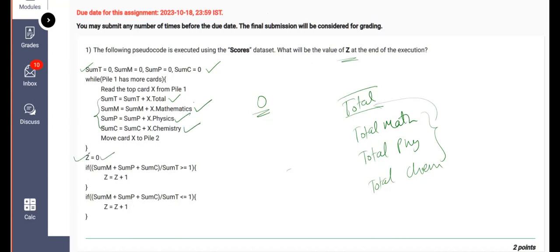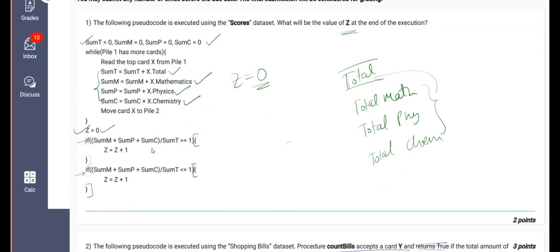Here there is a new variable into action called z, which is also equal to 0. If you observe, this is the first and this is the second. These are two separate statements but not the same. As they are two separate statements, sum m plus sum p plus sum c, what does this be?